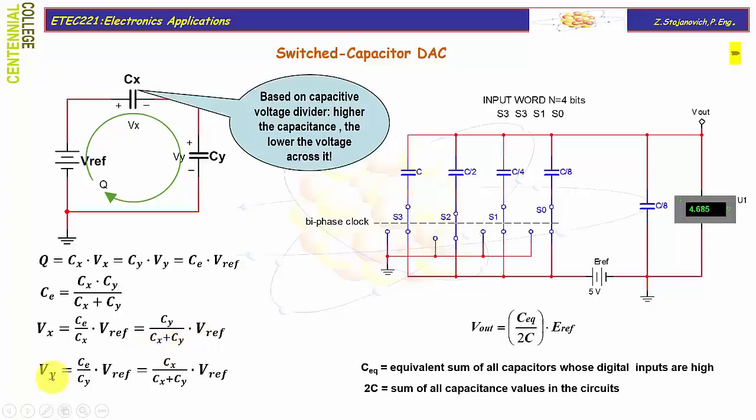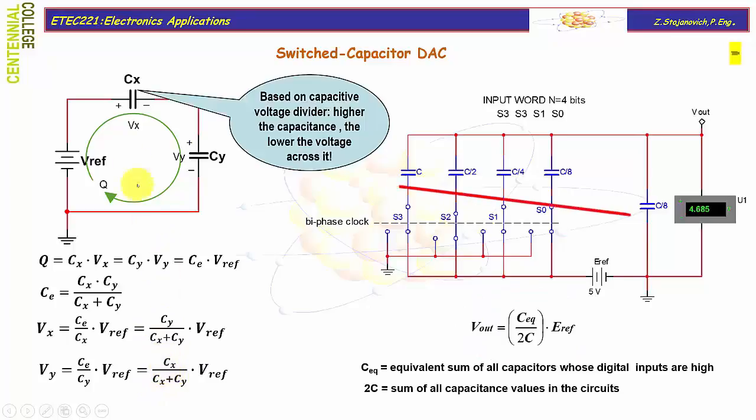A similar expression you can get for Vy if you solve the first equation for Vy. So voltage across capacitor Y will be equal to Cx, the opposite capacitor, over the sum of capacitance in the circuit, multiplied by the total applied voltage Vref. This is the action of a capacitive voltage divider.